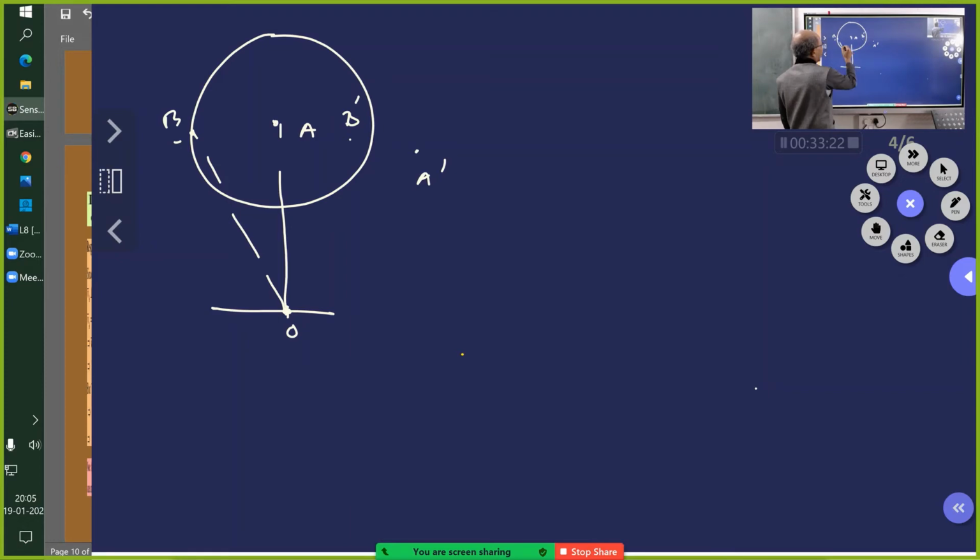Therefore this will go by theta, and this will also go by theta, within pure rotation.